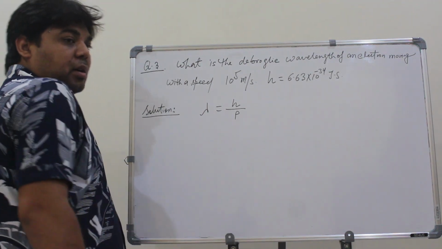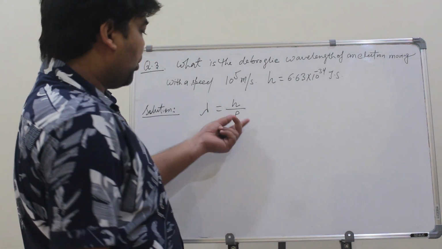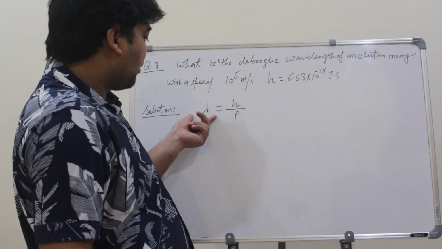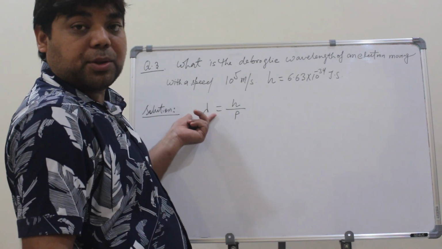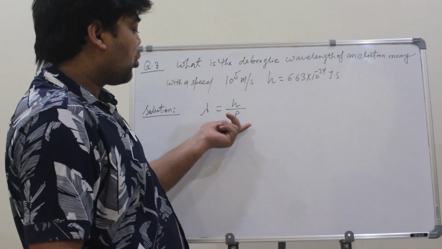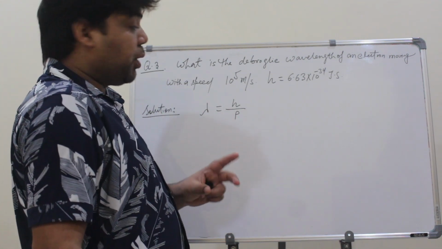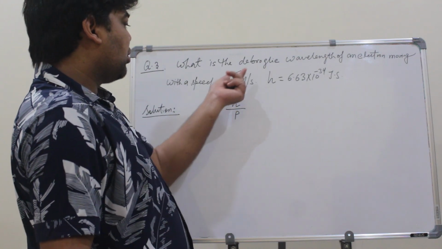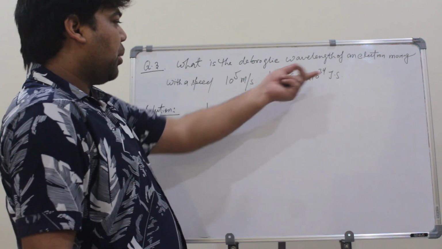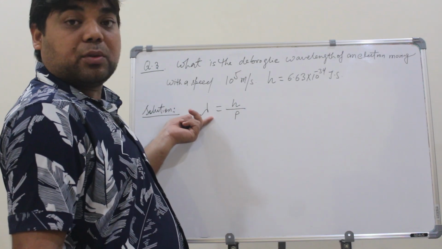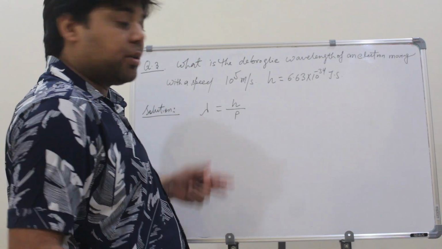So a particle having momentum will also show wave nature. This is what de Broglie's hypothesis says: matter shows wave nature. Matter here is any particle with mass and moving with finite velocity, and it will show wave nature. It has a wavelength.